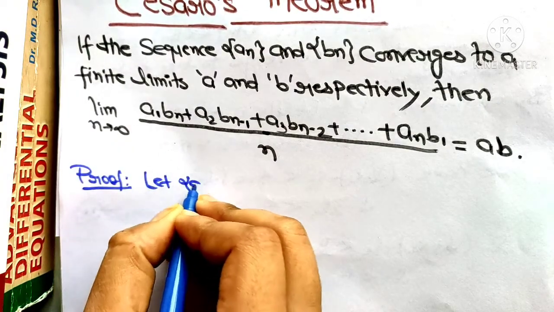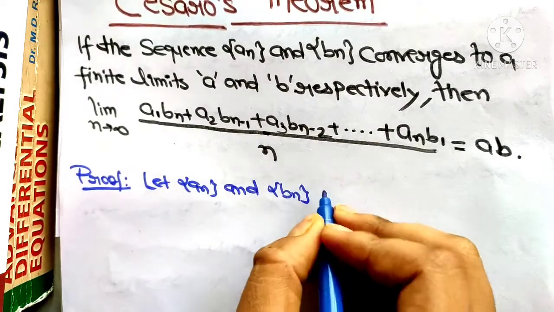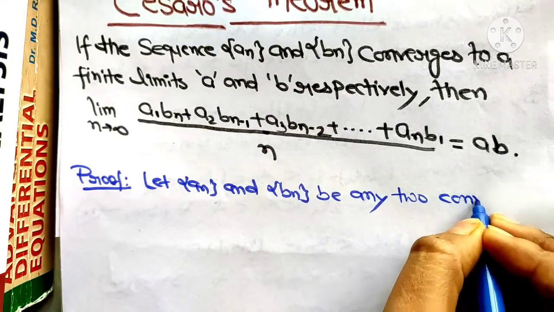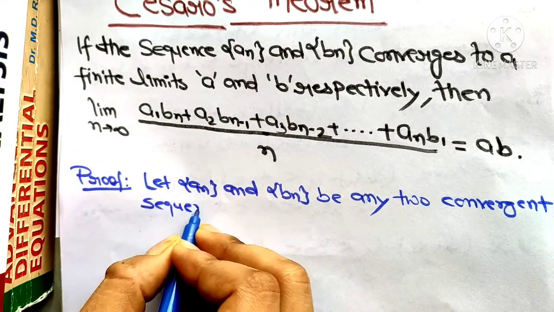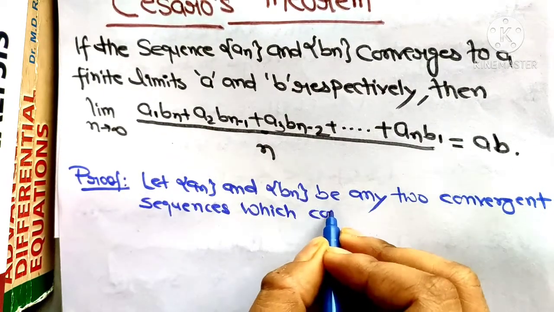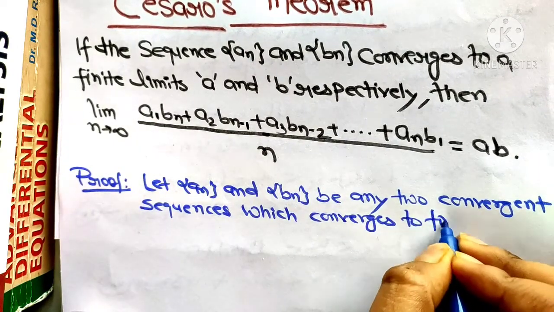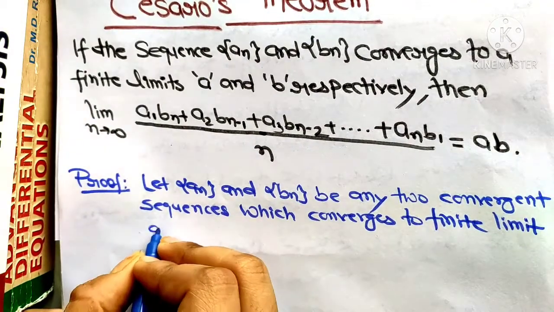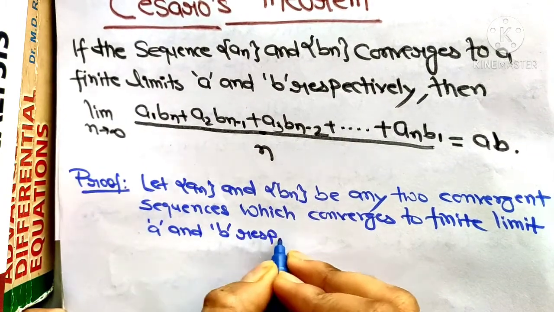Let an and bn be any two convergent sequences which converge to finite limits a and b respectively.